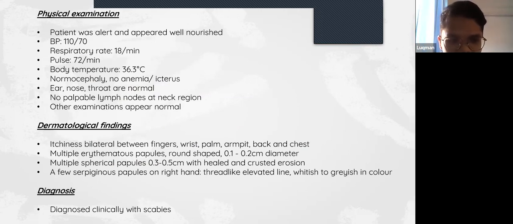Upon the dermatological findings, there was itchiness at the bilateral between fingers, wrist, palm, armpit, back, and chest, with multiple erythematous papules, multiple spherical papules, and a few serpiginous papules on the right hand, straight, elevated, whitish to grayish in color. The diagnosis is clinically scabies.